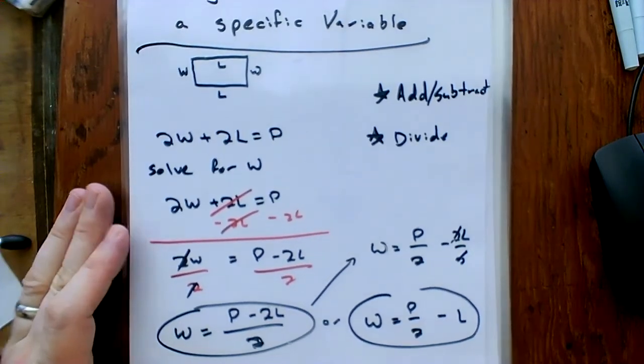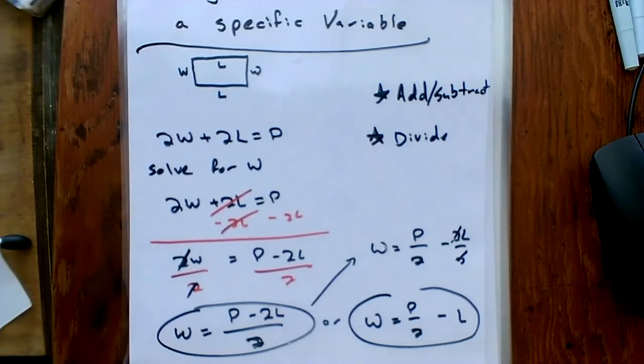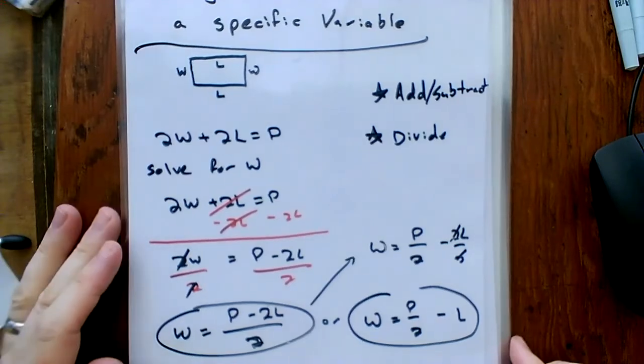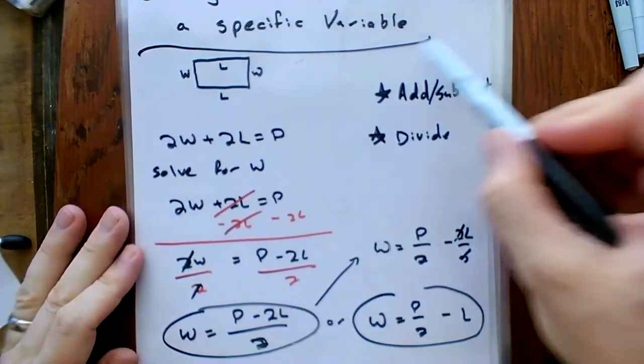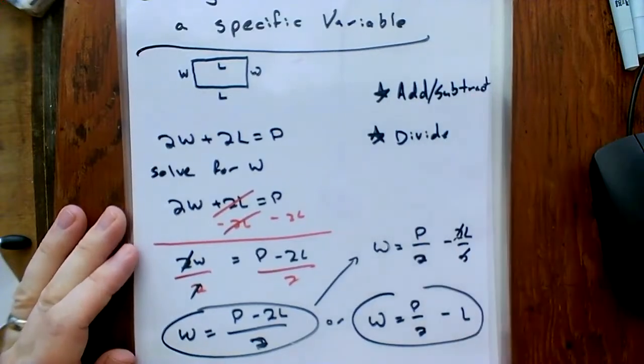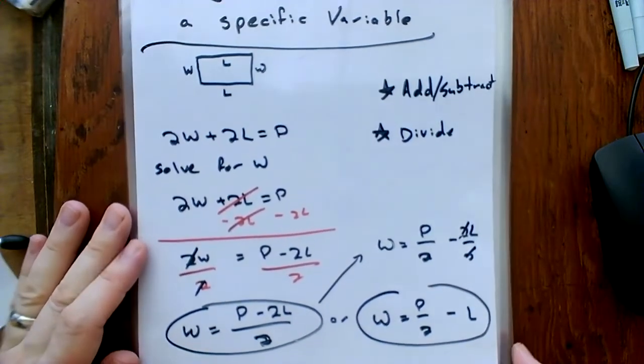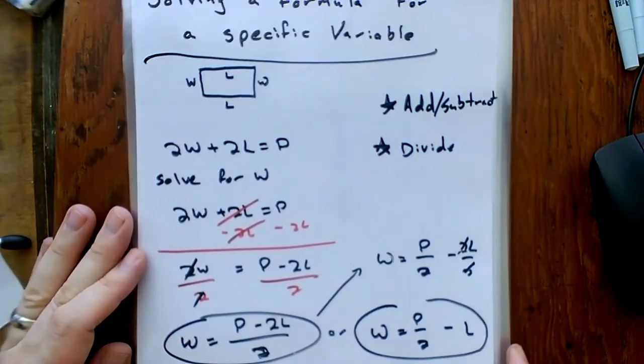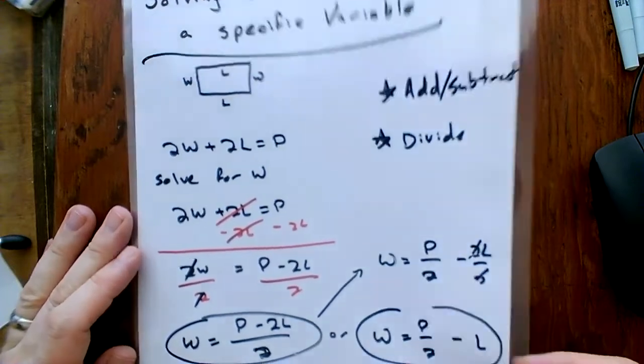Now, this one is a fairly straightforward example, but most of what we did here was just adding or subtracting. Let's show you another type of formula that you'll see.